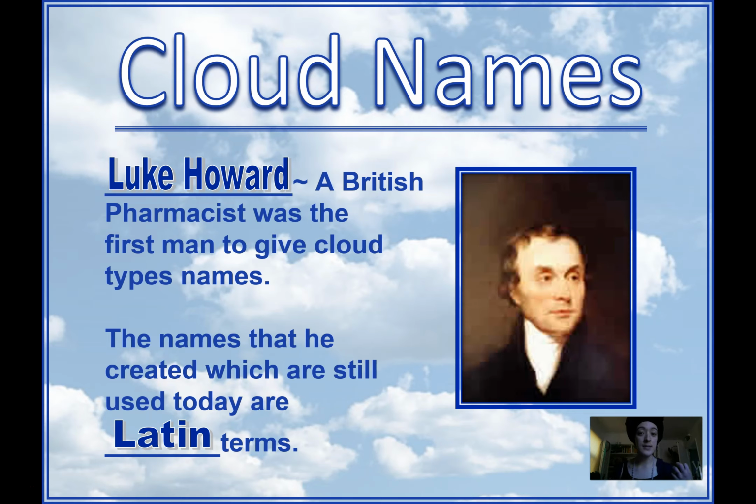That's what gives us the power to identify words that we don't know, when we can piece together what their roots and prefixes mean. Then we can start to understand what the whole word means, even if we've never seen that word before, right? So as we're learning about these different cloud types, I'm going to spend a lot of energy focusing on those prefixes and the roots in the words, because that way you will be able to know what the word means, even if you don't have an example in front of you.